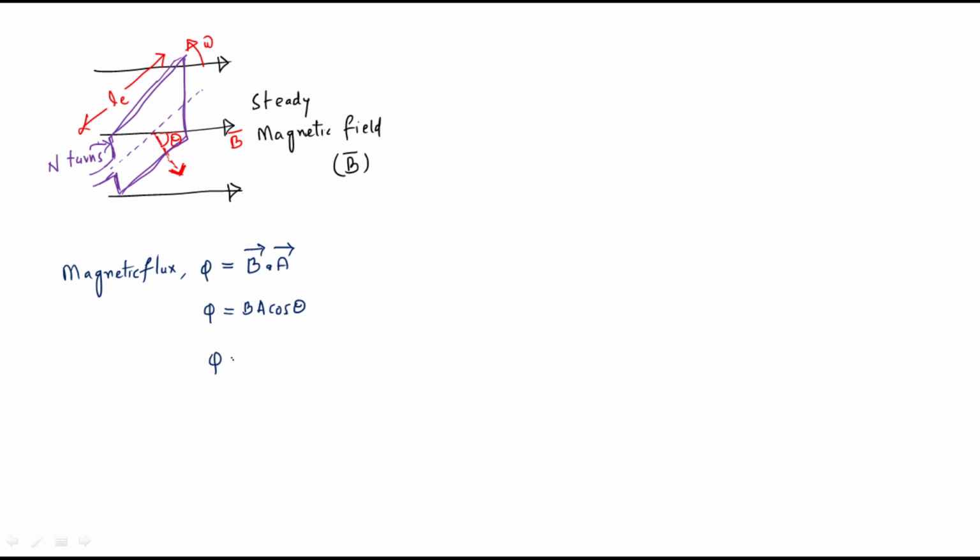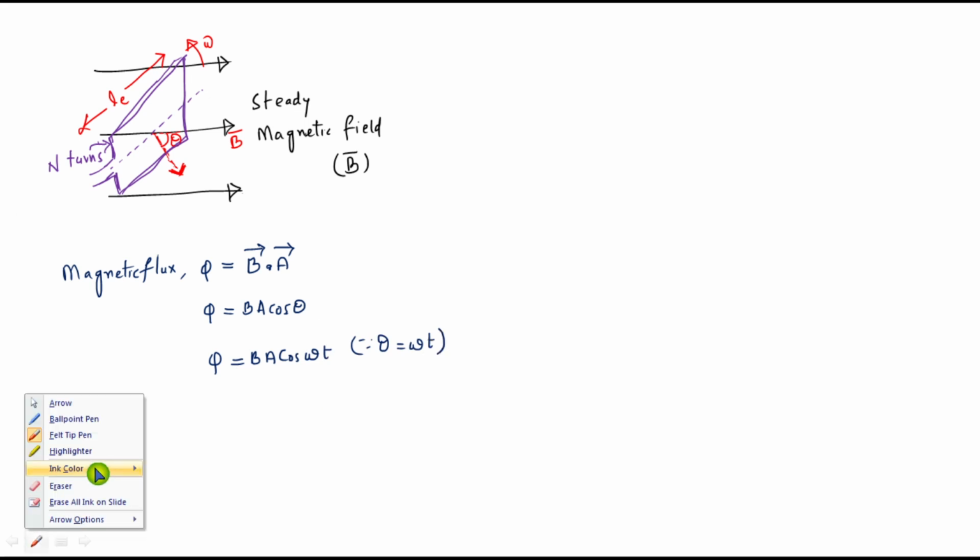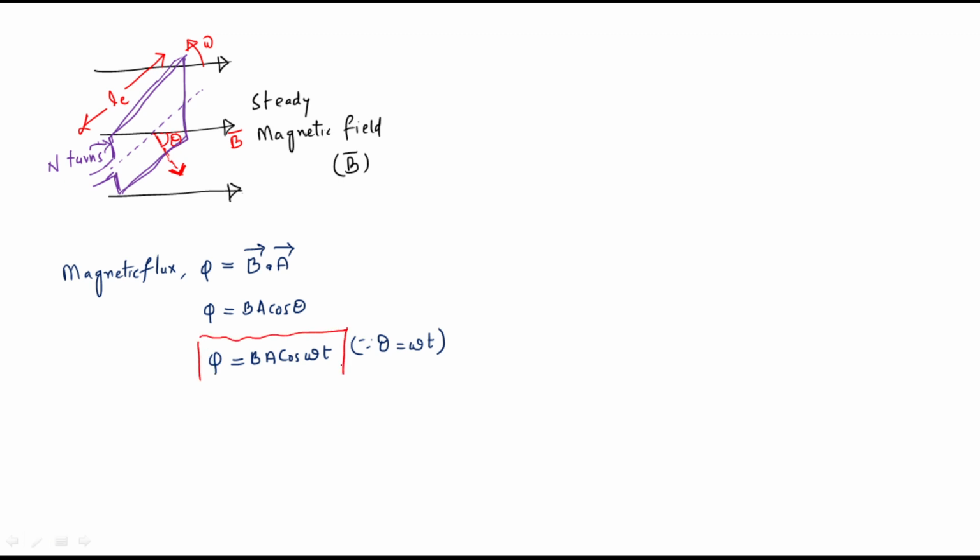So flux equals BA cos omega t, since theta equals omega t. This is the magnetic flux formula, BA cos omega t.